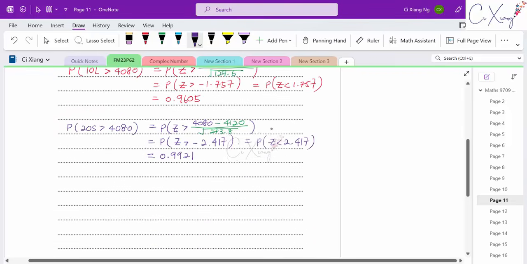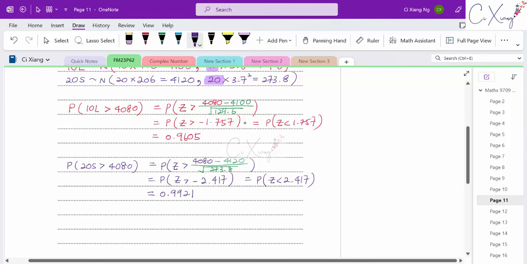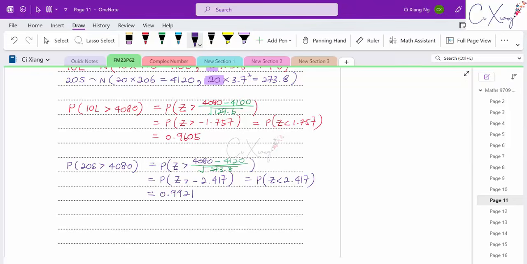When you want to choose the box, we might get the box with 10L, or we might get the box with 20S. So to calculate the probability for more than 4080 gram, basically you need to consider the probability that we select 10L and also we select the 20S.